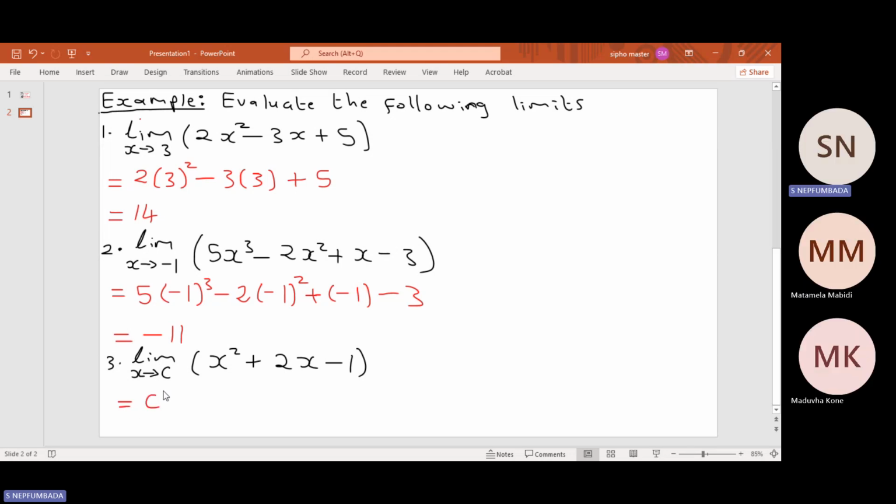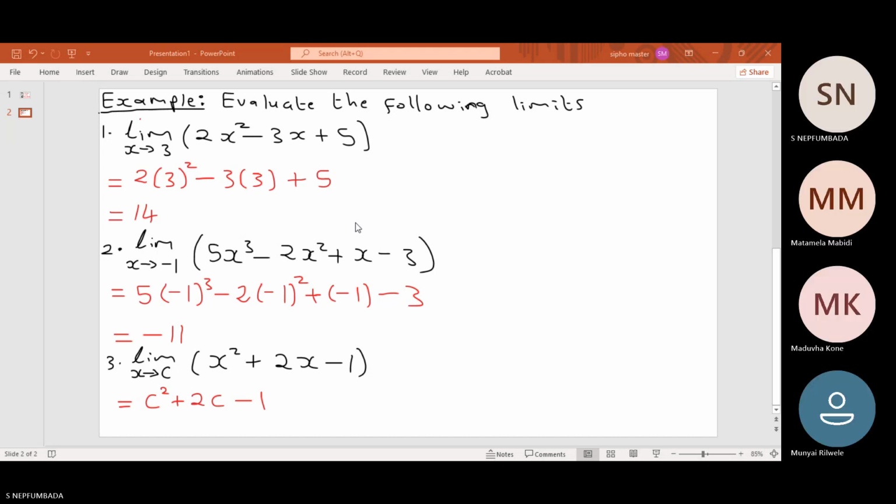It means we're going to have c to the power 2 plus 2c minus 1. Did you see that? Is it difficult? No. Okay, so can we go to the next slide?